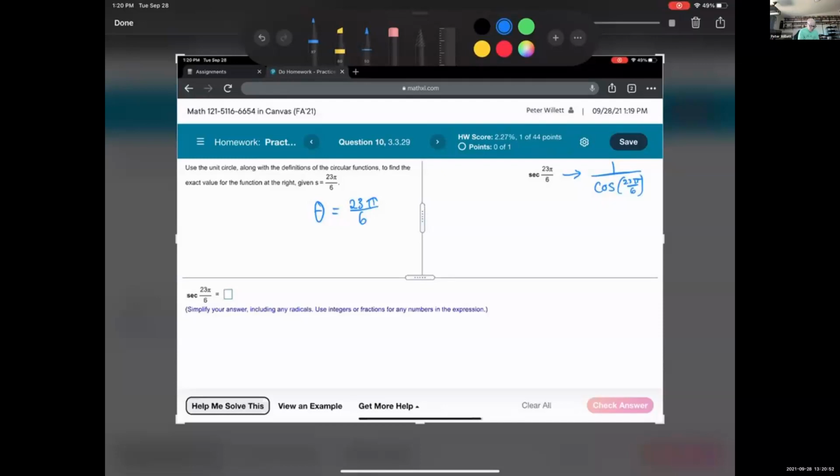So one of the ways I can make this a little easier is I can recognize the portion of pi this is. So 23 over 6 as a mixed numeral, if I divide 6 into 23, it goes 3 times. That would be 18.